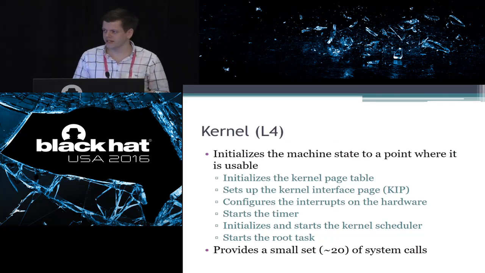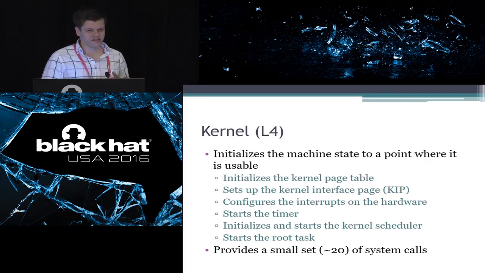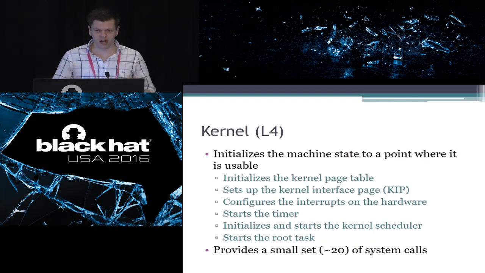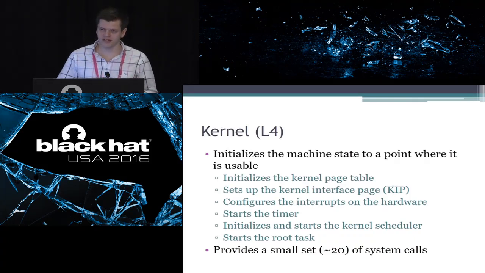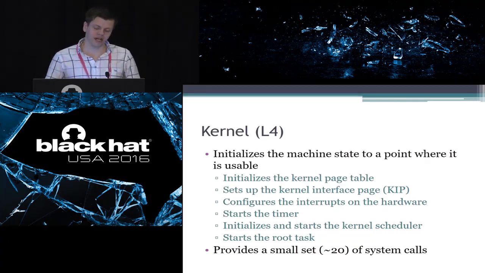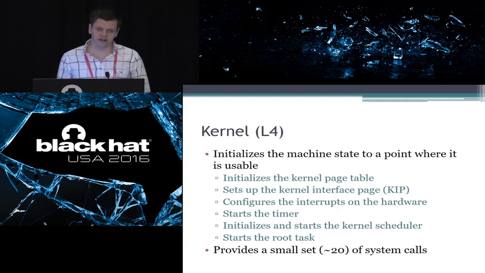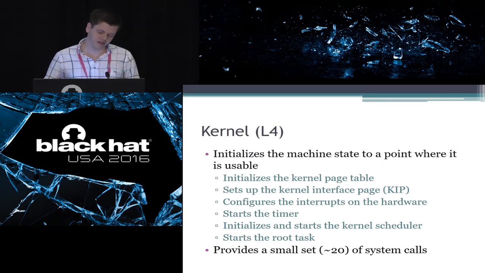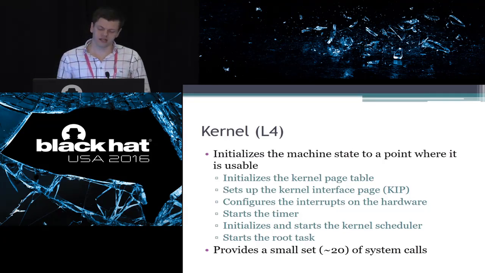The kernel basically just initializes the system and brings it up to a usable state. This includes setting up the page table and the kernel interface page, starting the timer, and starting the scheduler, and the kernel scheduler actually starts the initial task, the root task.